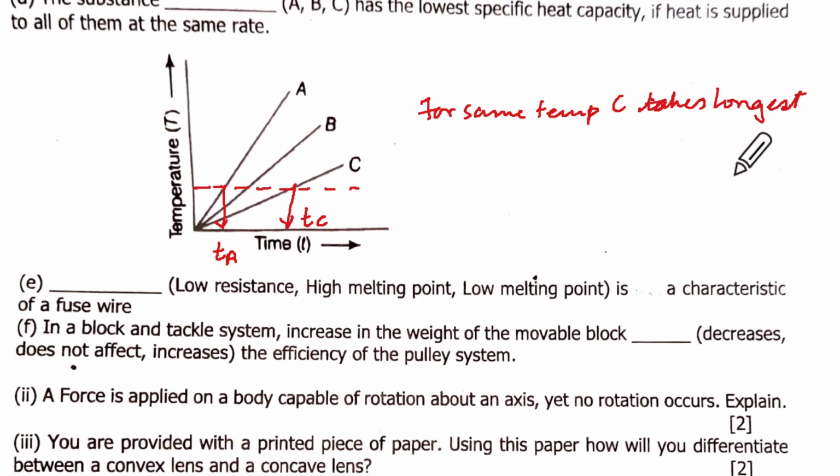So you compare it with water, which takes longer to get hotter, no? Therefore, SHC of C is max. Okay, and SHC of A is minimum.